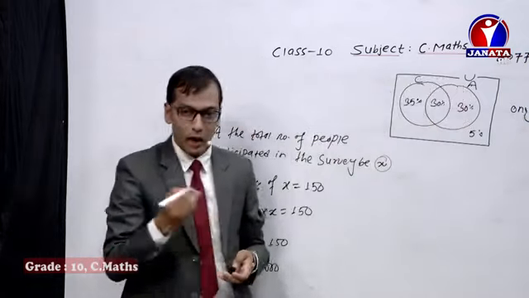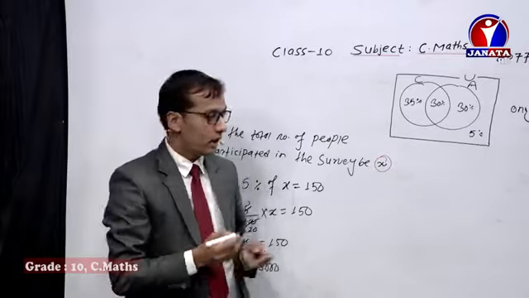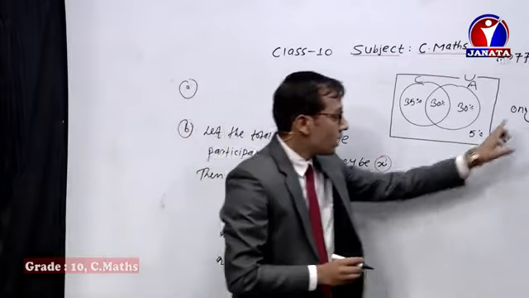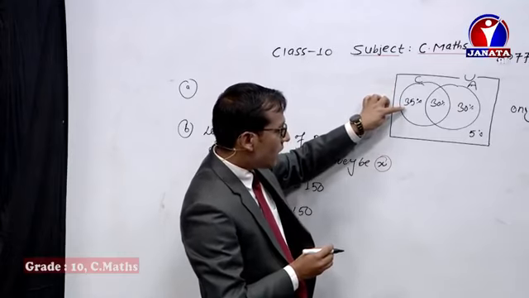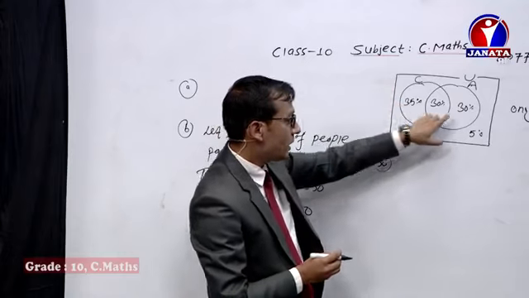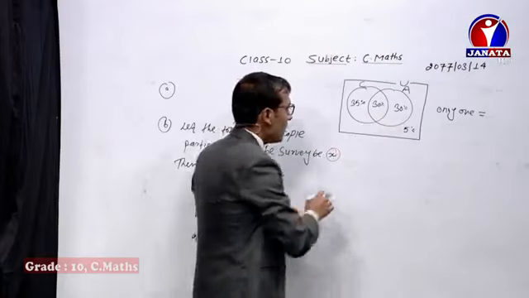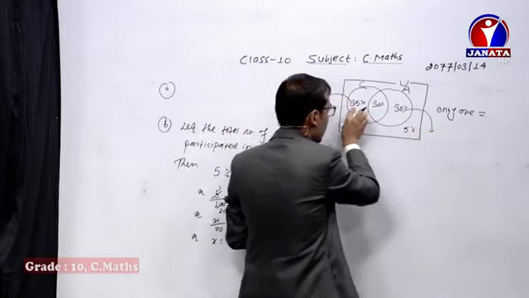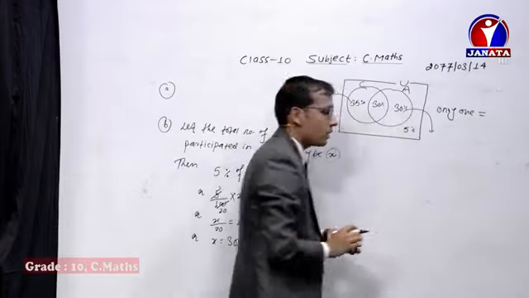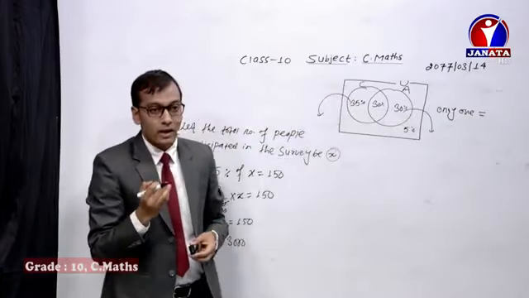The meaning of only one is exactly one, not minimum one. So only one is exactly one. So either it can be only C, or it can be only A. So we can add only these two pieces of information, 35% and 30%, because the meaning of only one is exactly one.